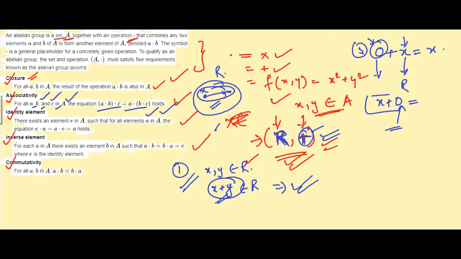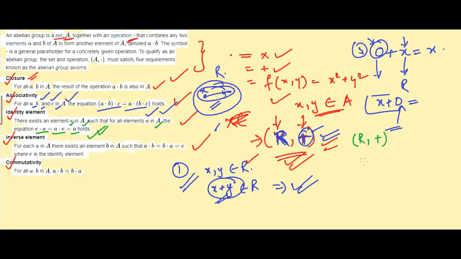You might have a question: how will we find this identity element? Let's suppose we again take this binary structure R with the addition operation, and we want to find the identity element of this structure. Look at the definition: there should exist an element E in set A such that for all elements A in set A, the equation E dot A equals A dot E equals A should hold.